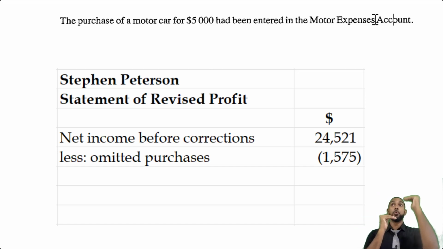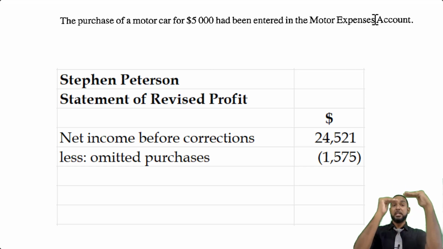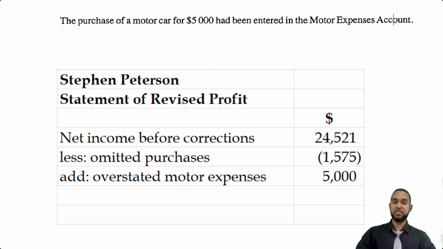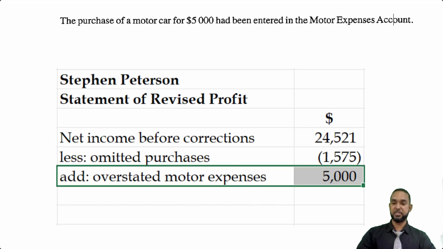So when expenses are too high, profit is too low. When we fix that now, we're going to take 5,000 out of the expenses account. So expenses are going to come down. When expenses come down, profit is going to go up. So you're going to see that here. When we correct it, profit is going to go up. So you're seeing here, add overstated motor expenses, 5,000.